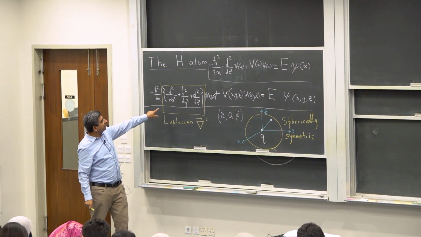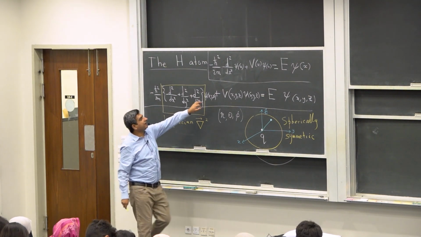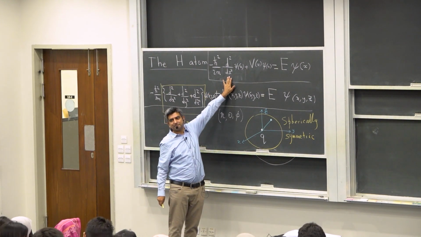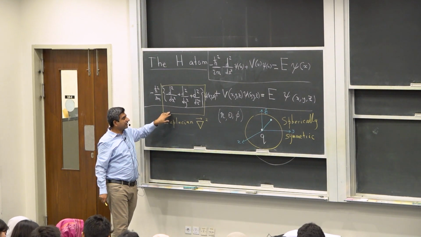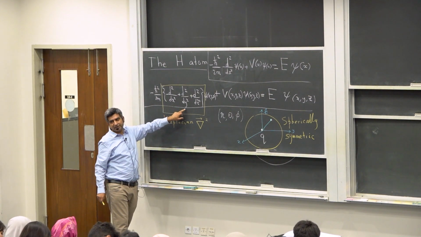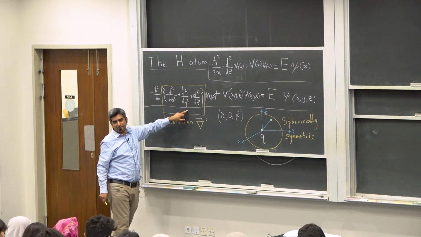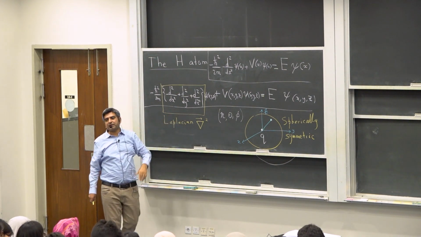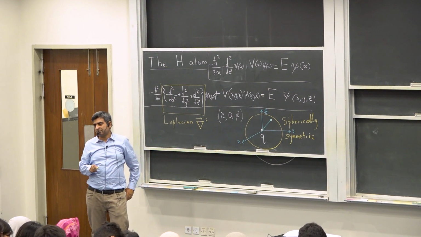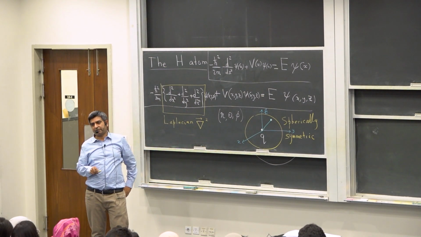Now what we've done is, here we have a one-dimensional system. Here we have a three-dimensional system. But we've expressed our Laplacian in x, y, and z coordinates. All right. We can also express our Laplacian in the polar coordinates, in the spherical coordinates.